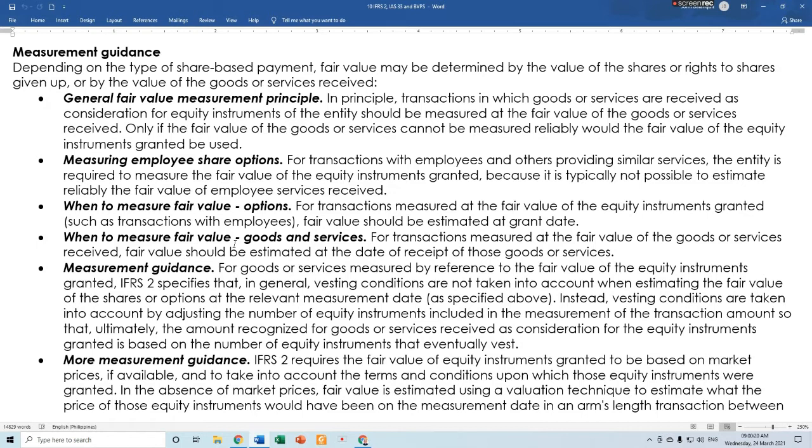Okay? Second rule, measuring employee share options tayo. For transactions with employees and others providing similar services, ibig sabihin insiders sila. Okay? Or sila ay mga empleyado or within, or they have an employer-employee relationship with the entity. The entity is required to measure the fair value of the equity instruments granted because it is typically not possible to estimate reliably the fair value of the employee service received.